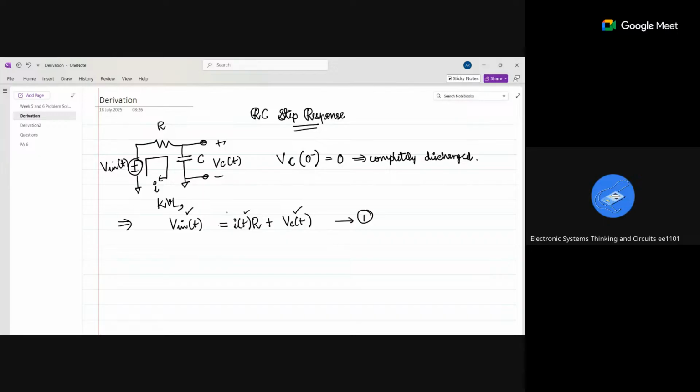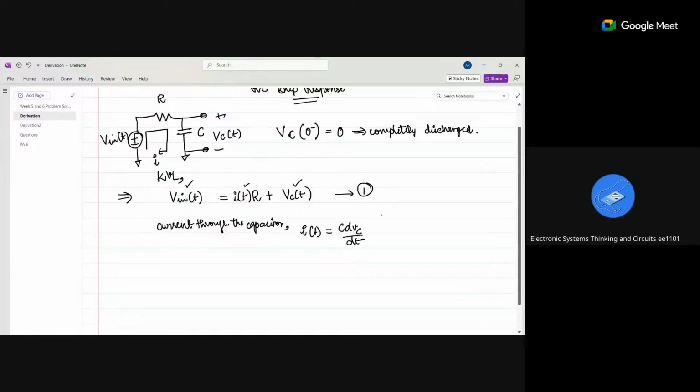And we know the same current is flowing through the whole circuit, right? So the current through the capacitor, I of t, is equal to C dVc by dt, right? How did we get this equation?